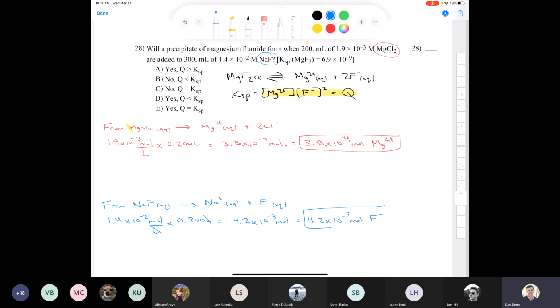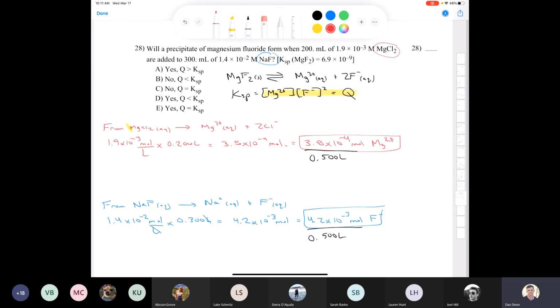Okay, that's all well and good, but we need the concentrations. So in order to evaluate the concentration of magnesium ions and fluoride, we're going to have to divide both of them by the total volume. What's my total volume? I have 300 milliliters plus 200 milliliters. That gives me 500 milliliters, which is half a liter. So divide by 0.500 liters. And now we're really getting somewhere.